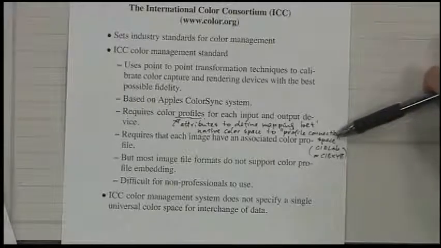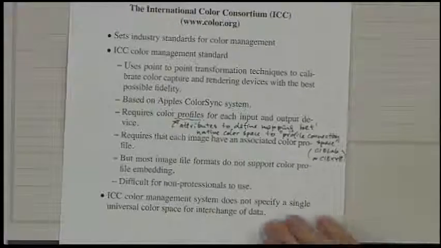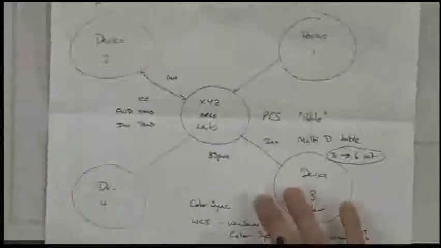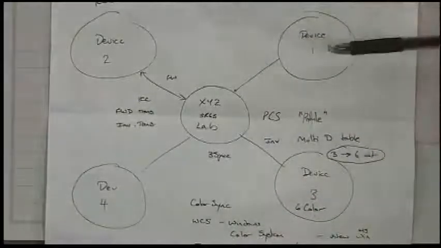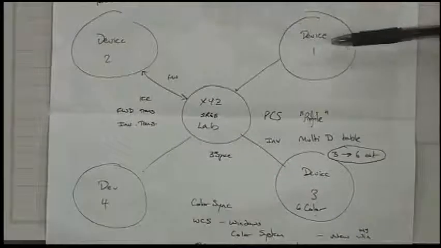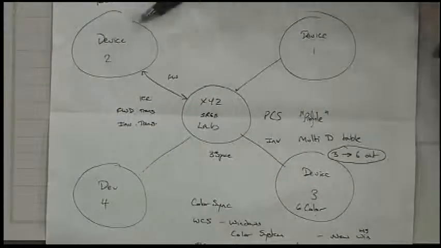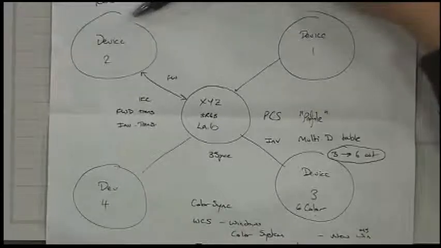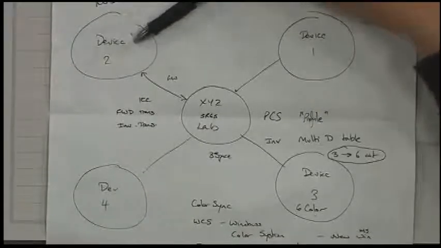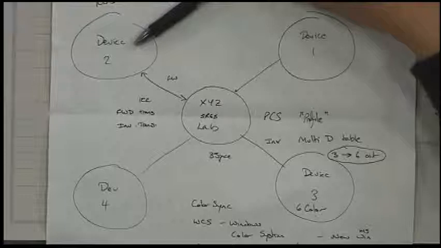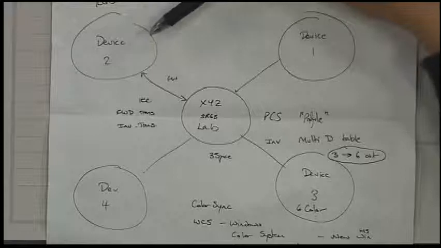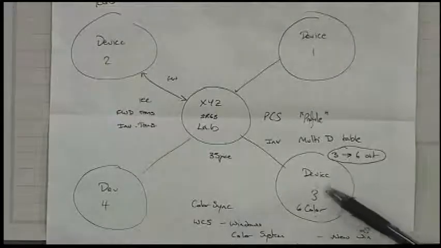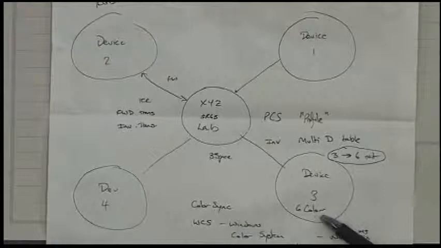If your device has to cooperate with another color device, then what happens is this diagram Mark drew for me. Let's say we have a device 1, which may be some kind of camera, and maybe we have another device 2, which is a camera. Suppose you use device 2 to capture a picture of a scene. And when you go home, you want to print the picture using a very high-end device 3, which is a 6-color printer.